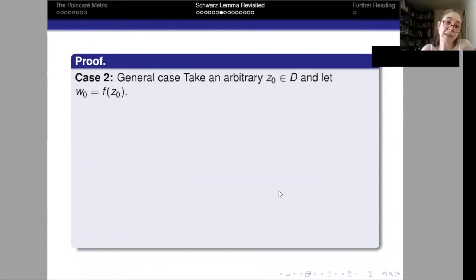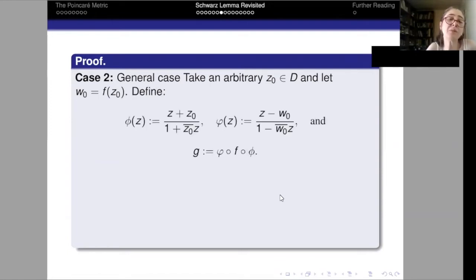For the general case, we take an arbitrary z0 in the disk. We let w0 be f(z0). We define two Möbius transformations, as always, phi that takes z0 to 0 and psi that takes 0 to w0, and then we define a function g by the help of these Möbius transformations. We compose phi with f and then psi.